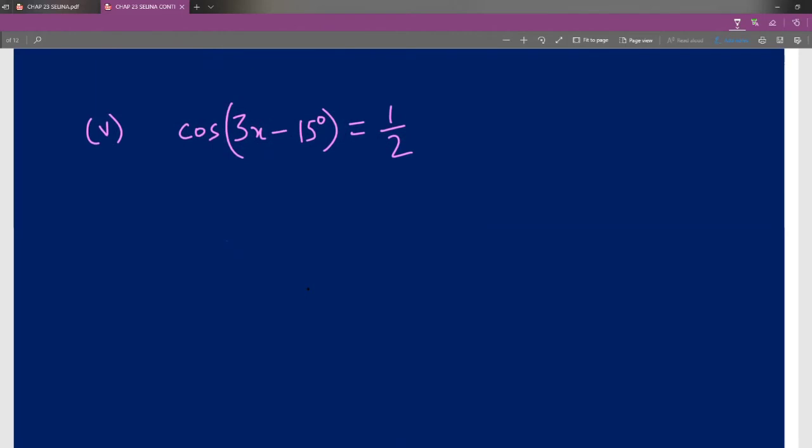In all of these questions, in question number 12, the logic is the same even in this question. So again we need, I'll just change the pen, so I'll go with orange. So over here we need an angle whose cos is equal to 1 upon 2. So therefore that angle will be 60 degree. So therefore 3x minus 15 degree will be equal to 60 degree.